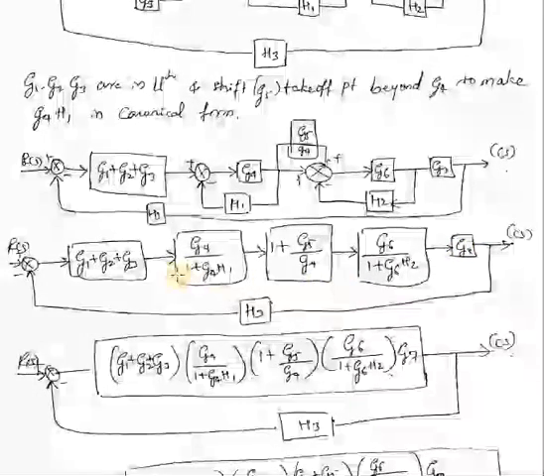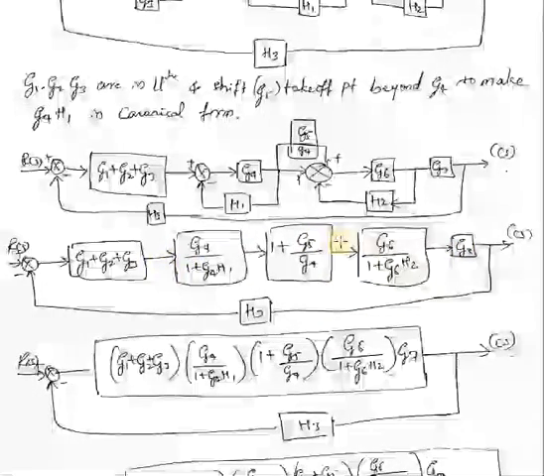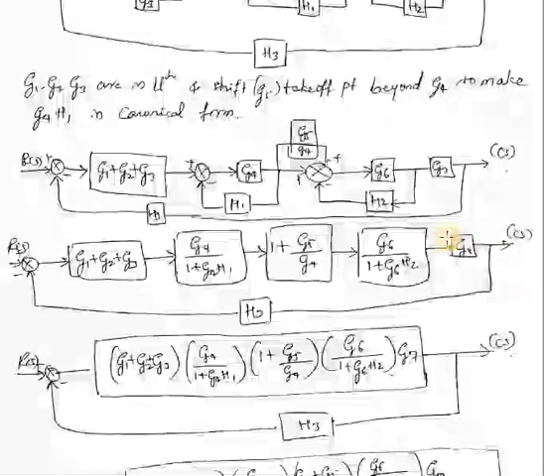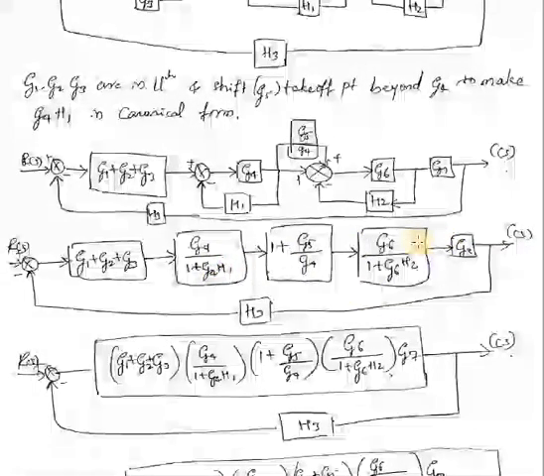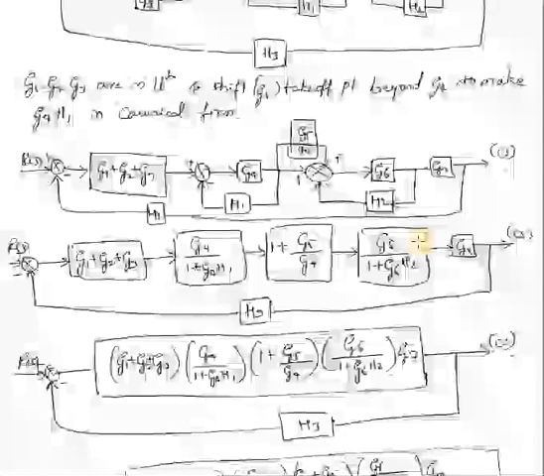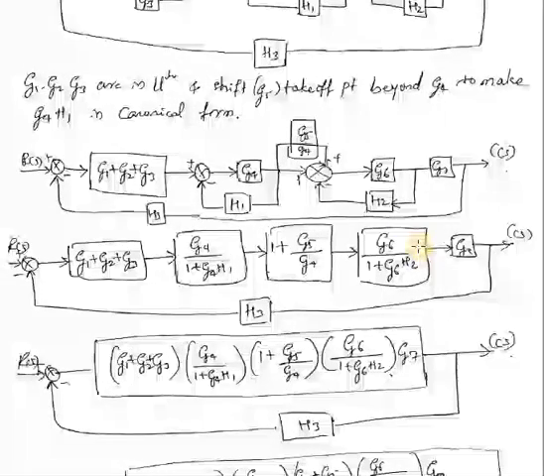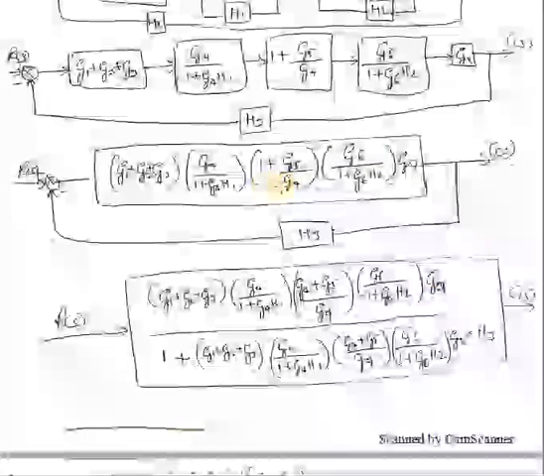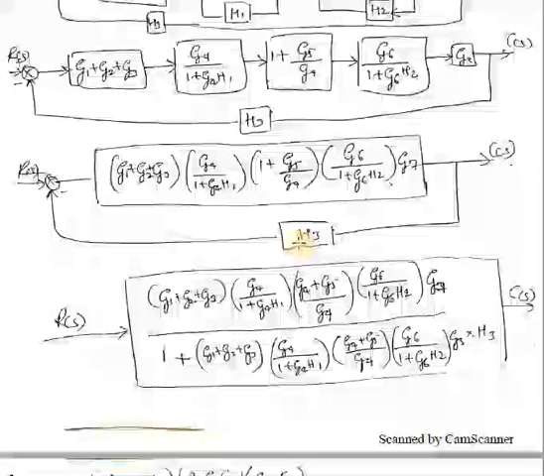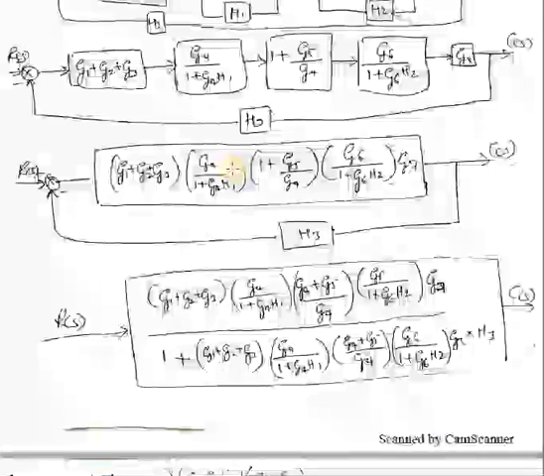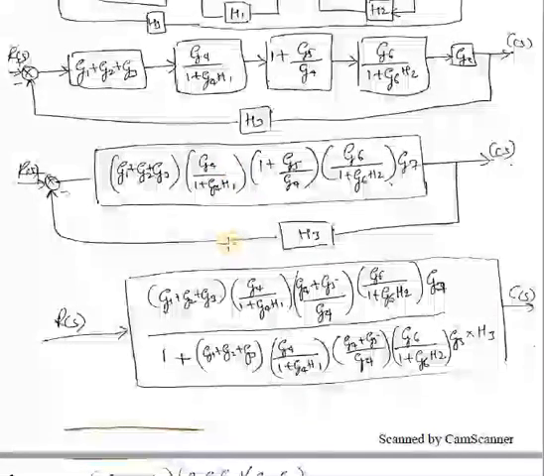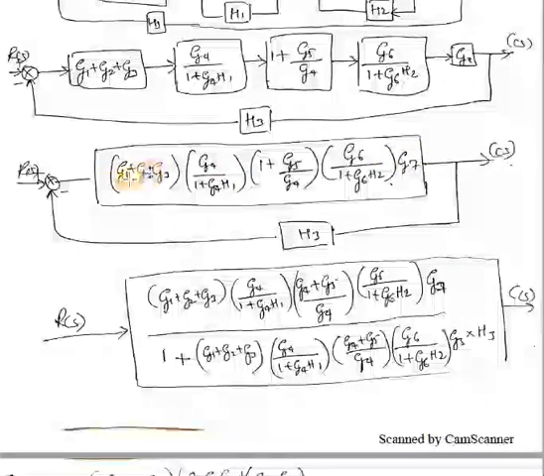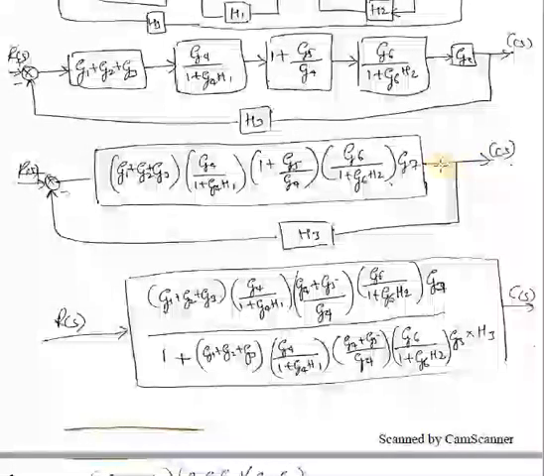So now if you consider all these 5 blocks are in series. When they are in series, you have to replace them with a single block by writing their product. So here, written the product and H3. Now this block is in forward and this block is in feedback, single summing point and single takeoff point.